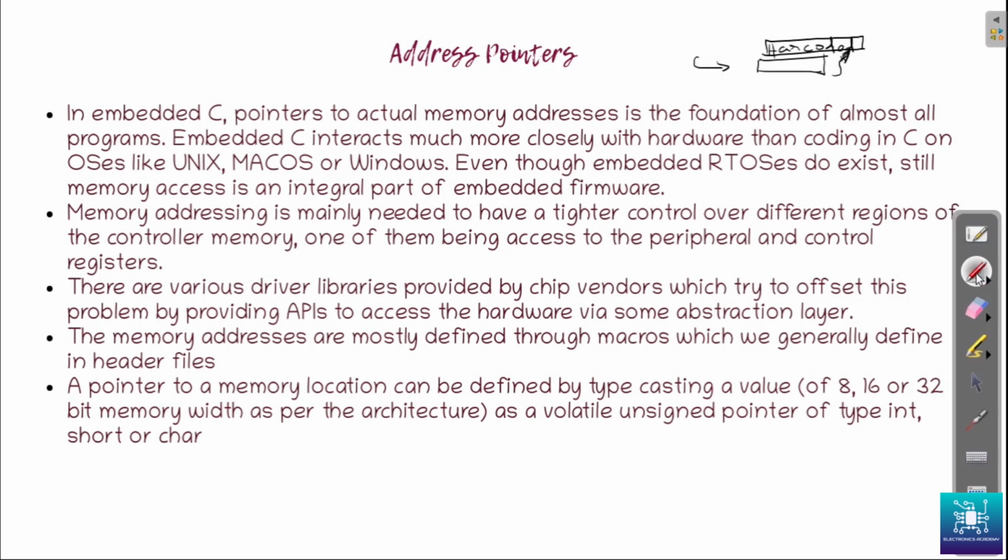Since this is a bare metal course, we are not going to take the help of any vendor provided library. We are going to write our own memory access routines. However, we are going to reuse the CMSIS header file for the memory map.